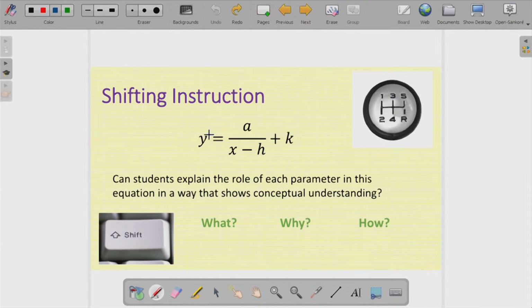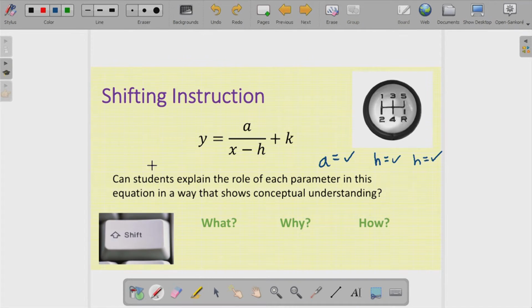Just to highlight a shift in instruction here, at one time it may have been good enough to simply say, hey look, if we have this form, this structure y equals a divided by x minus h plus k, and if the student can identify what the value of a is for a given problem and of h and of k, then that's the end of the conversation. We don't want that to be the end of the conversation. So let's go ahead and focus in on this question right here.